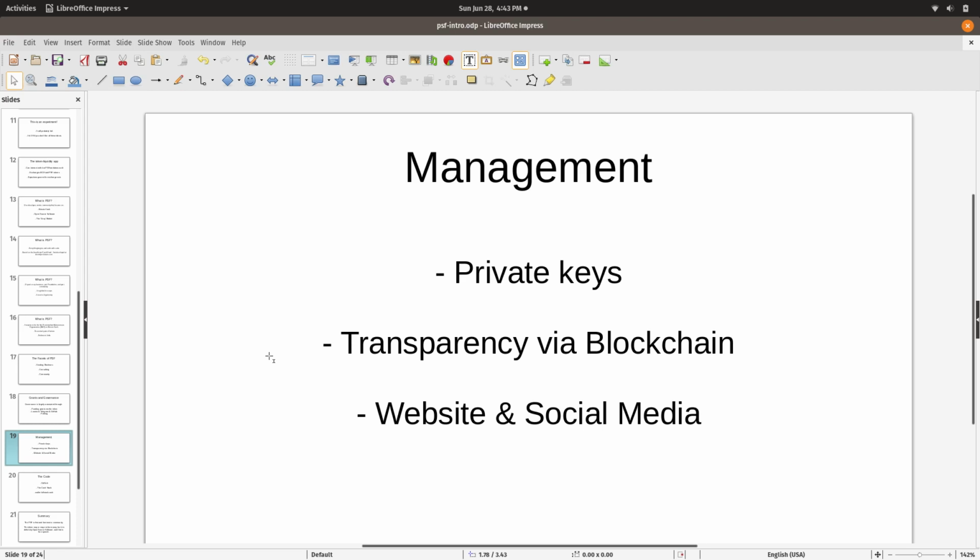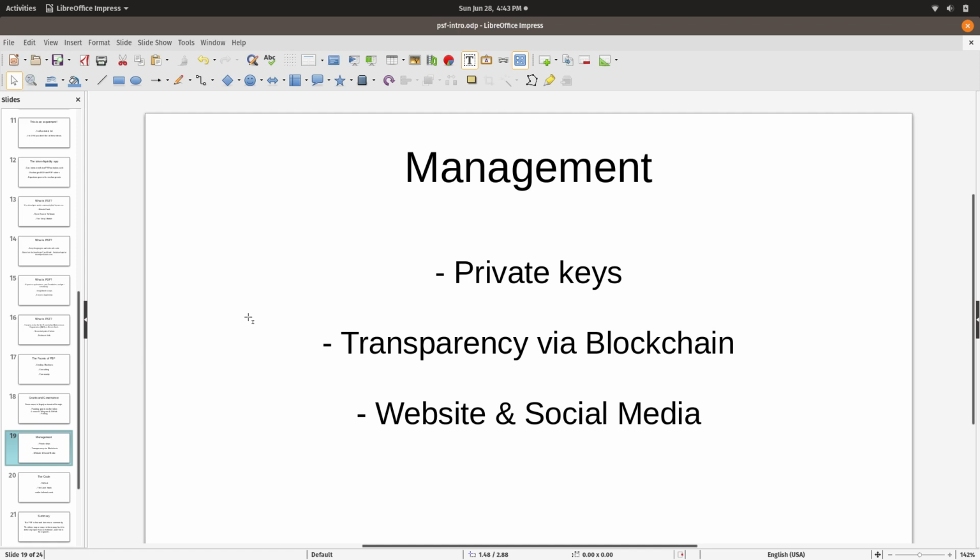I talked about private keys. We're going to follow best practices with multi-signatures, so that we need like 3 of 5 or 5 of 7 in order to mint new tokens or unlock any Bitcoin Cash in the token liquidity app. We're going to use the blockchain to maintain transparency, so everything will be auditable.